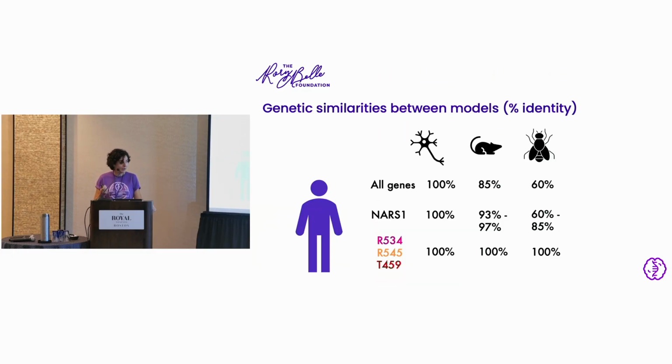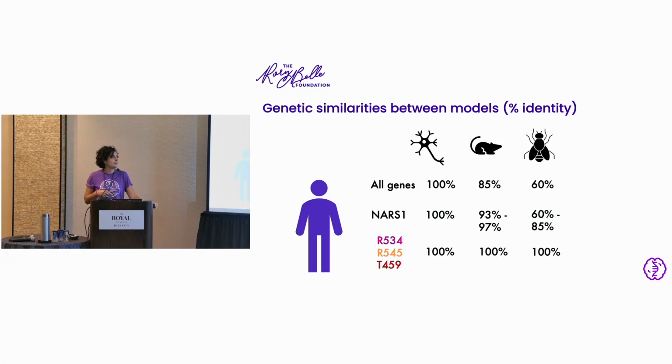So why do we use neurons, mice, and fly? Well, they're actually very similar to humans. I put together this little statistic. Percent identity is the percentage of how similar the DNA or protein is. If you look at all genes in general, these are human neurons, so they're going to be 100% human, but mice, across every single gene, like the 3 billion base pairs, are about 80 to 85% similar to humans, which is pretty high already.